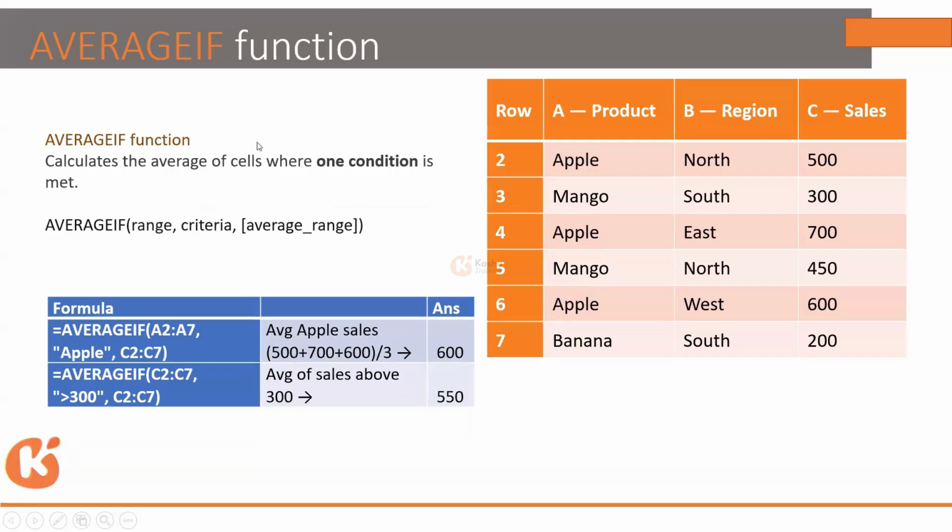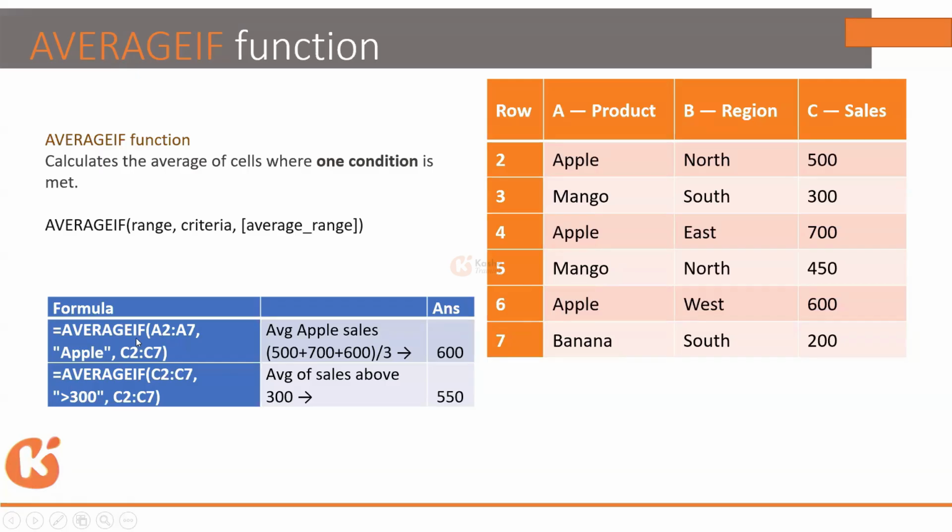Then the next function is AVERAGEIF. AVERAGEIF calculates the average of cells where one condition is met. Again, we have the same data range, and in this case, average Apple sales. We know that average is just the mean formula.